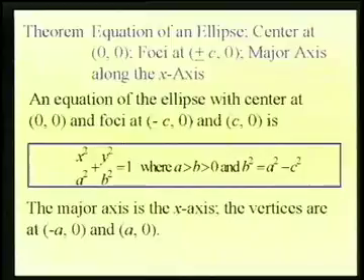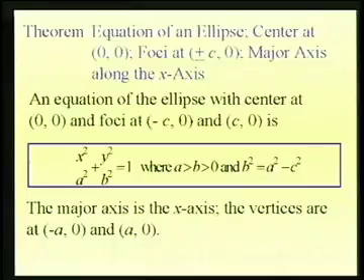If we work through the proof, we can get the formula for an equation of an ellipse. The equation that we're going to give right now is the equation of an ellipse whose center is at the origin and the foci are at plus or minus c, 0, so that the major axis is along the x-axis.